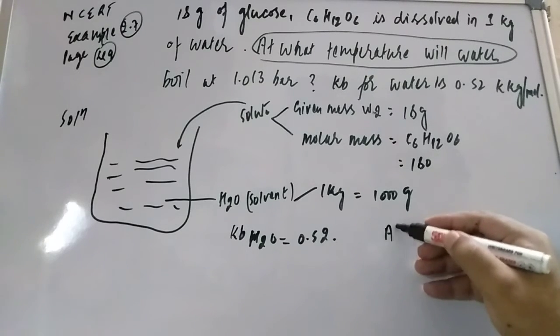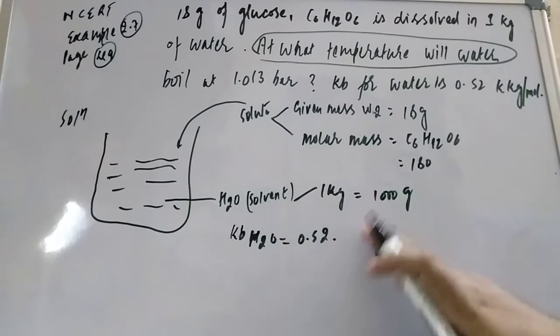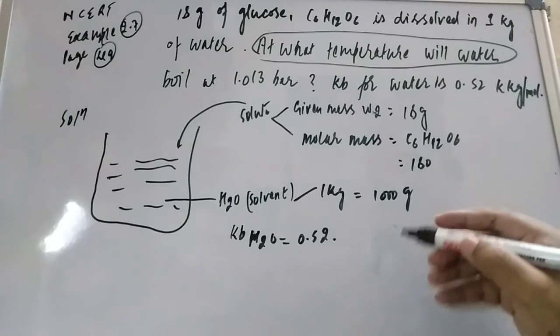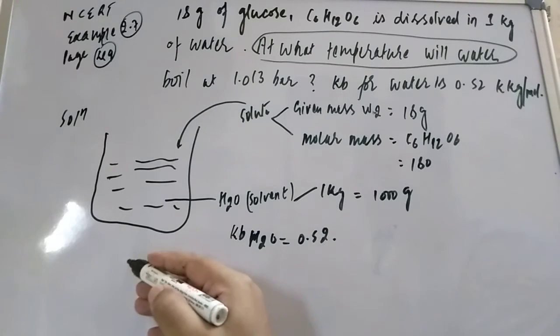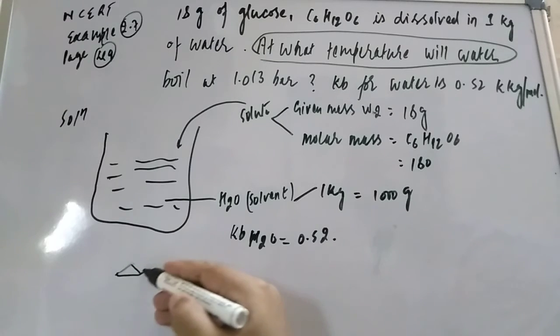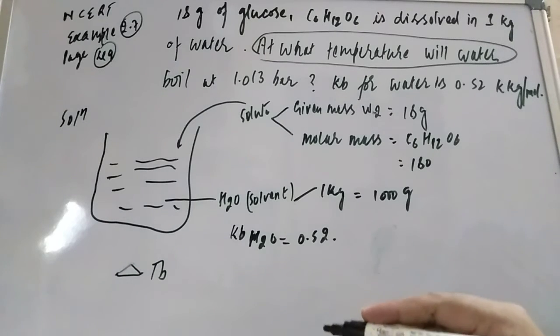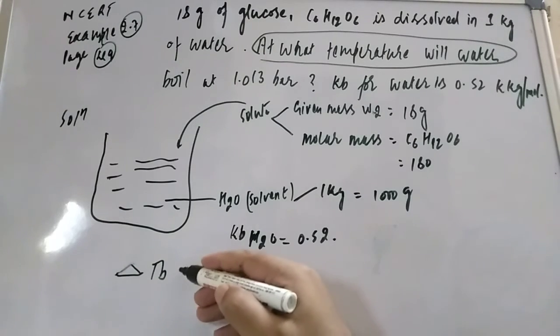Firstly, let us try to understand the boiling point of the pure solvent. You write delta TB is equal to the formula. What is the formula, student?